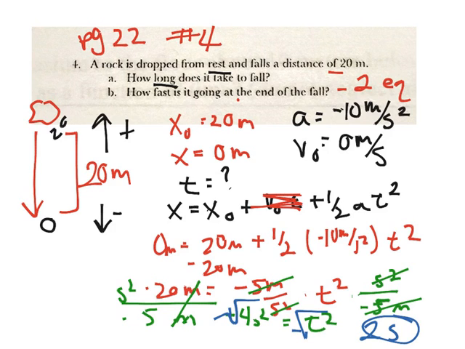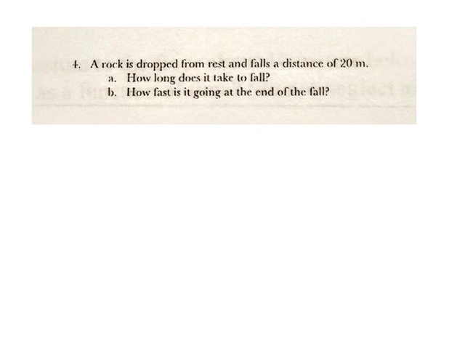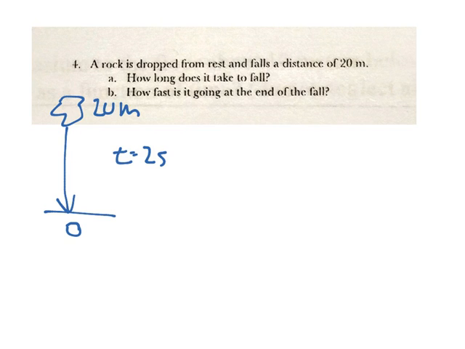Moving on to B. I'm going to clear everything. Same idea, moving on to B. How fast is it going to fall? We still have that same rock. It's still falling. We found out from the last time that t equals 2 seconds. It hit 0. It started at 20 meters. Alright, so we want to know how fast is it going at the end.